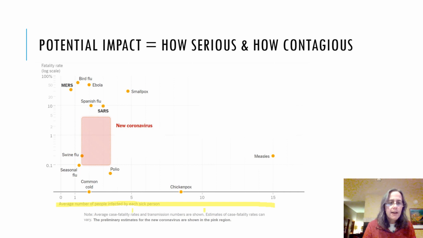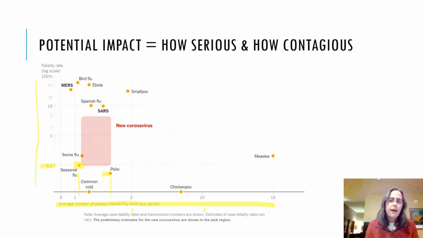And then here on the left is a logarithmic scale of case fatality rate. You can see that seasonal flu, influenza, has a case fatality rate of about 0.1%. So about 1 in 1,000 people who are diagnosed with influenza will die from that disease. And it causes anywhere from 20 to 80,000 deaths per year on average. Polio is a much more infectious disease than seasonal flu, with an R naught slightly higher than 1, but it also had a low mortality rate.